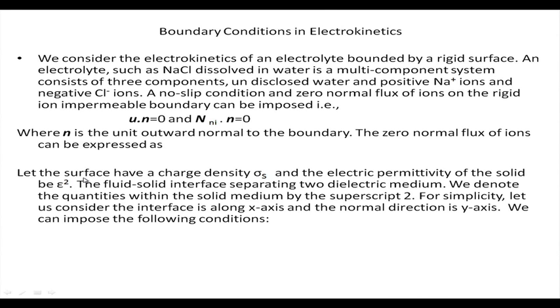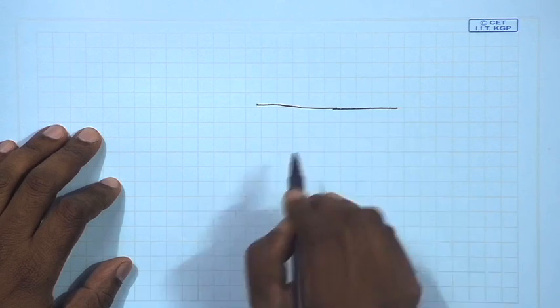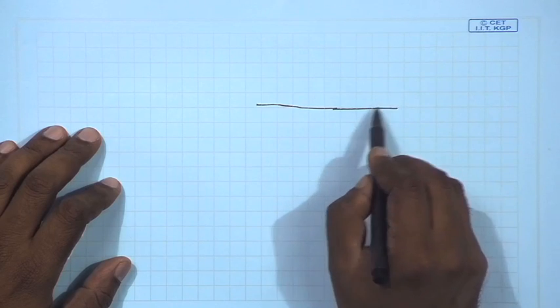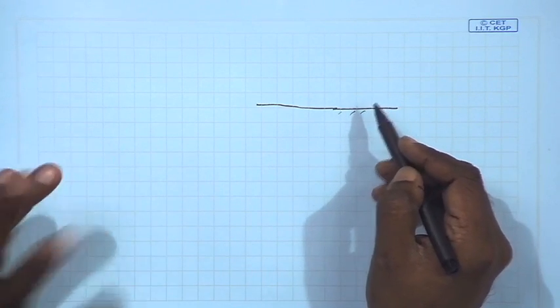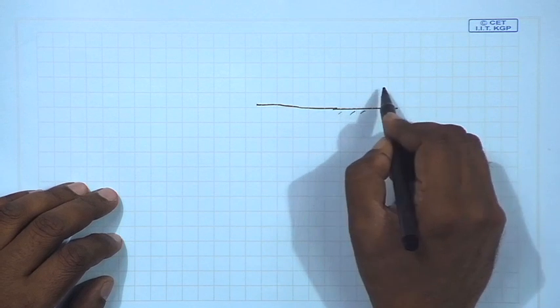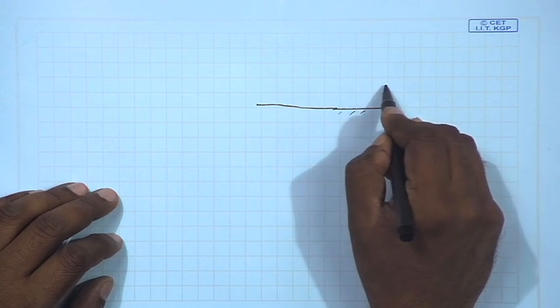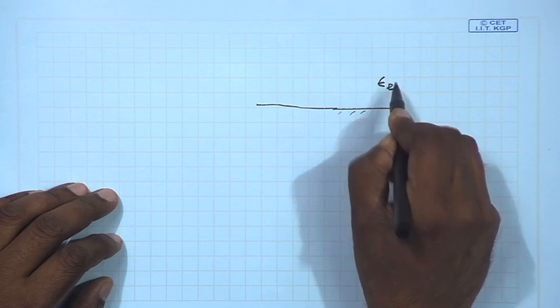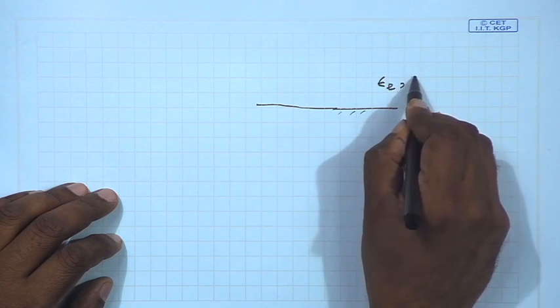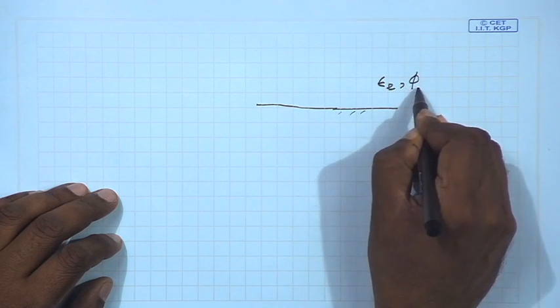Now, we have a situation say here, which is the interface over which the liquids are flowing. Let us call this liquid which has a permittivity epsilon E and the potential is phi.